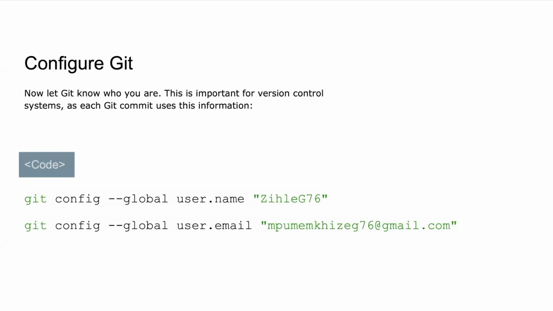So the first time you're using Git, set up your credentials this way. It's git config --global user.name, then in inverted commas you write out your username, and you also put the email.